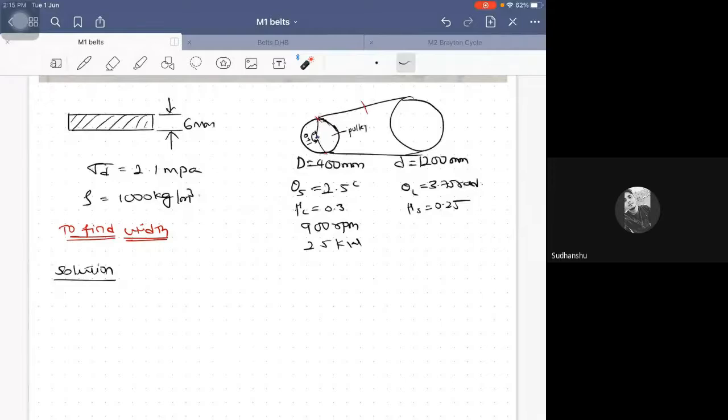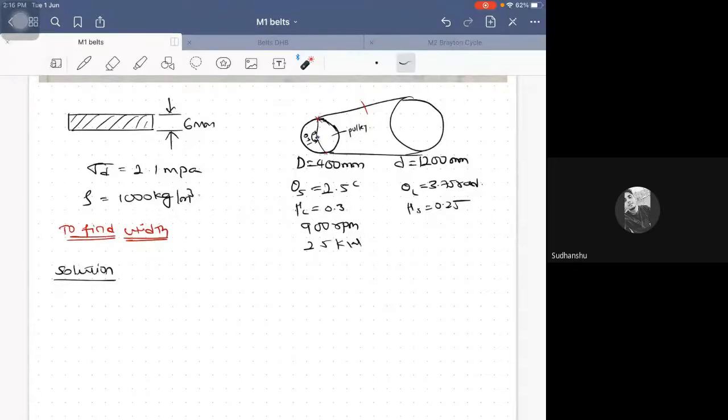After that, decision number 2 is, should I consider the value of TC or should I neglect the value of TC? That is one more decision which we need to make in this particular problem.